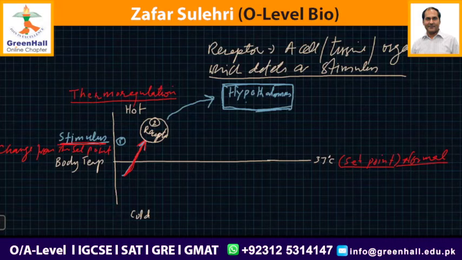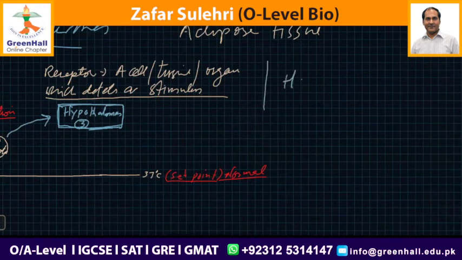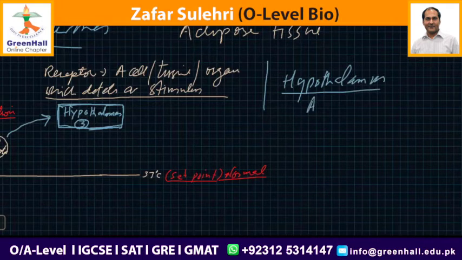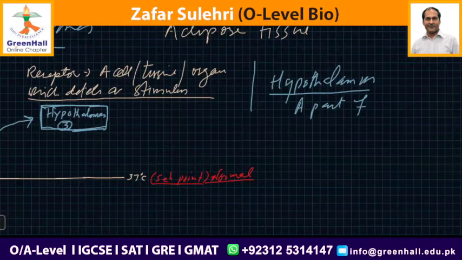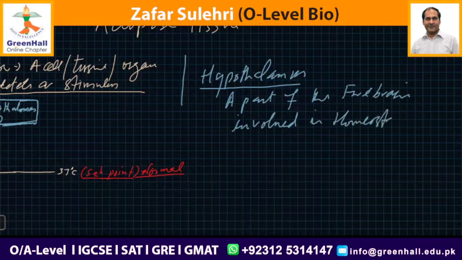This is number 3. What is hypothalamus? A part of the forebrain involved in homeostasis. Got it? अच्छा, अब hypothalamus से क्या होता है?